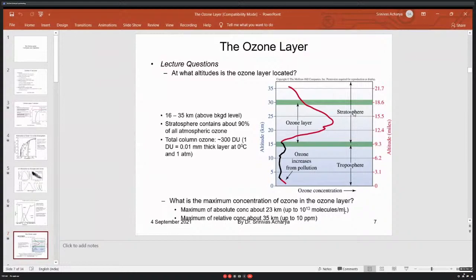How can you understand this unit? That means 10 to the power 13 ozone molecules per ml volume of air may be present as maximum absolute concentration, and which may be found between this 20 to 25 kilometer of ozone layer. This is the maximum concentration.